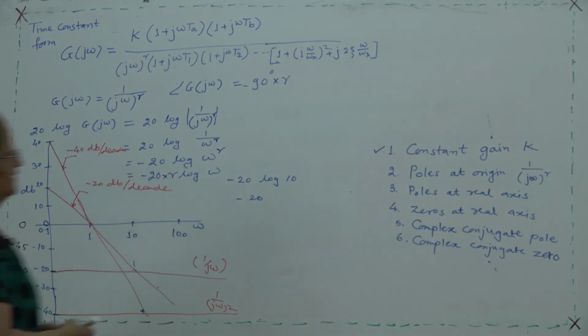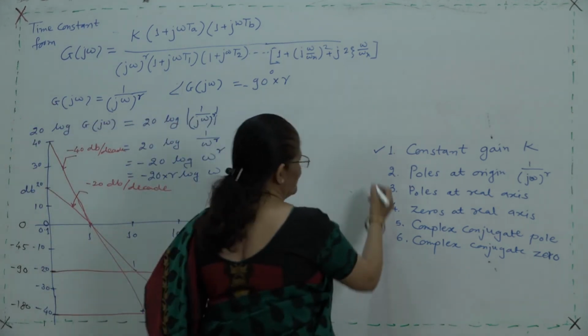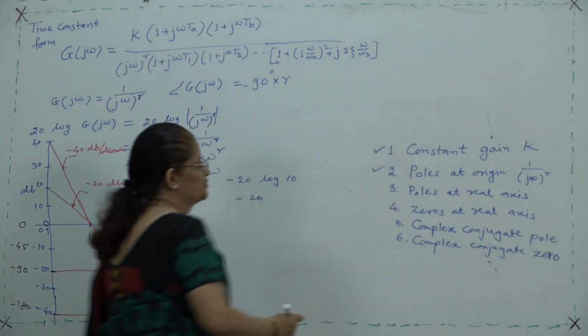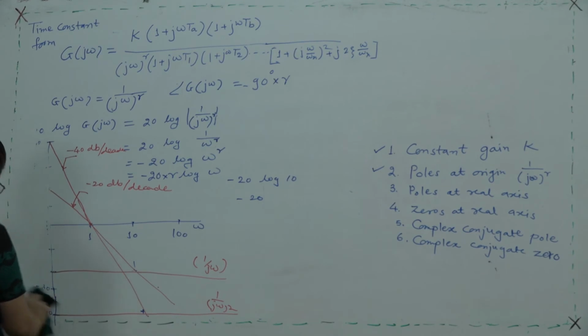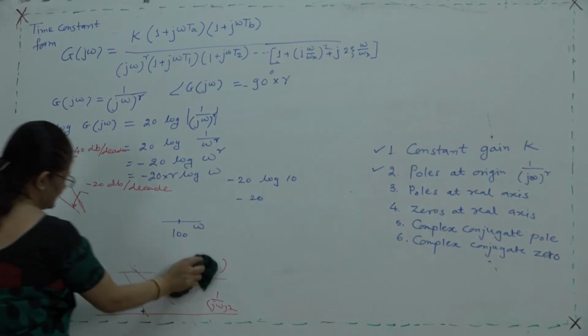So, we have seen R poles at origin, and first two cases. Now, we will see how to combine them. I will rub this, we will see now, because you now know separately how to draw it, we just have to combine it.